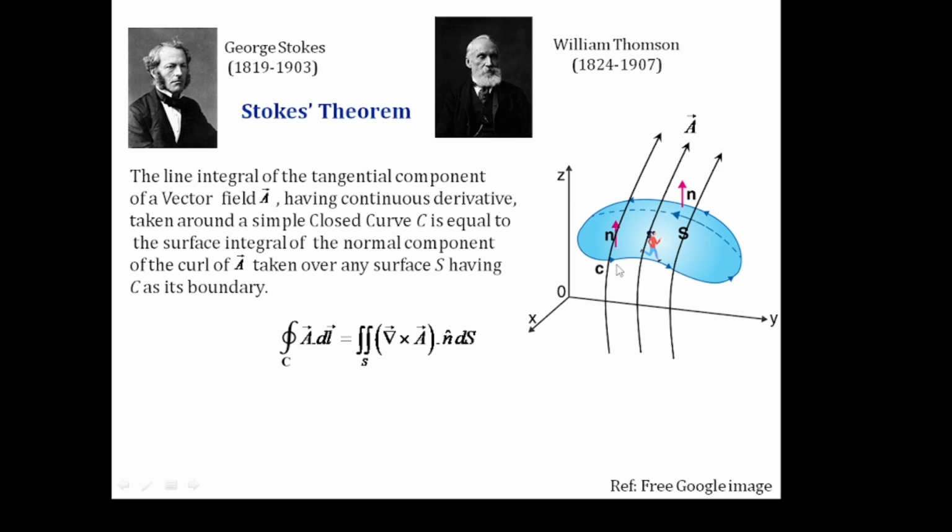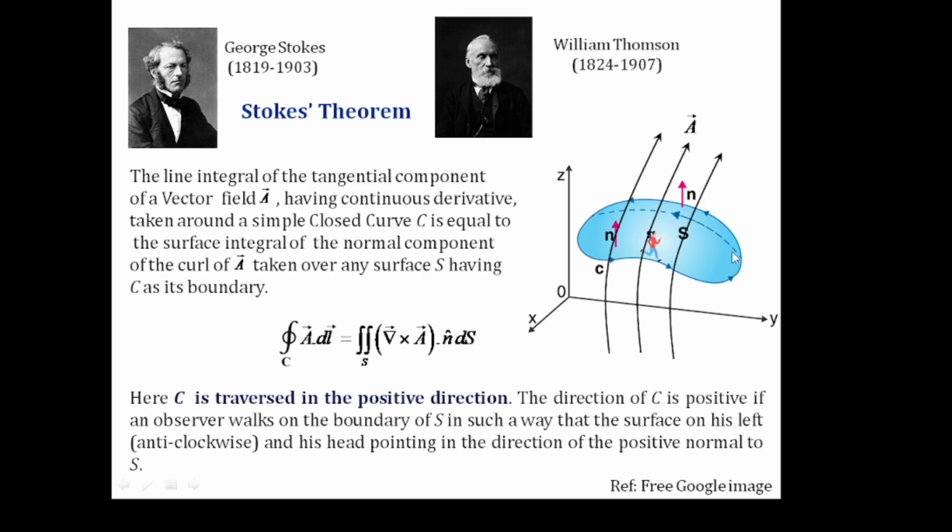Suppose a girl is running in this path, so the n cap direction is upward, and A is the lines of force or flux flowing through this surface. But suppose the girl is moving in the opposite direction, then the n cap will be in the downward direction.